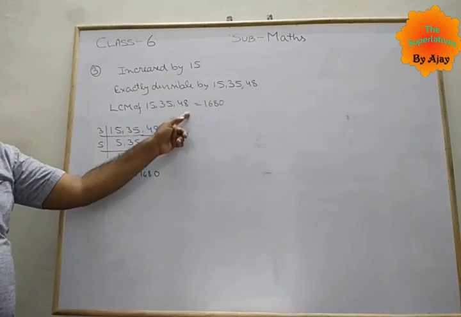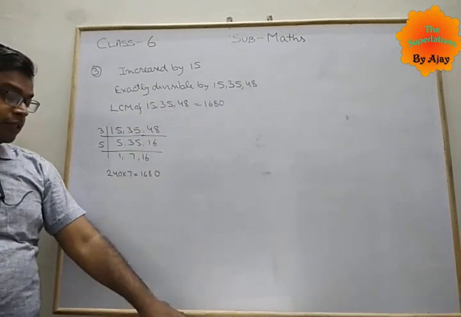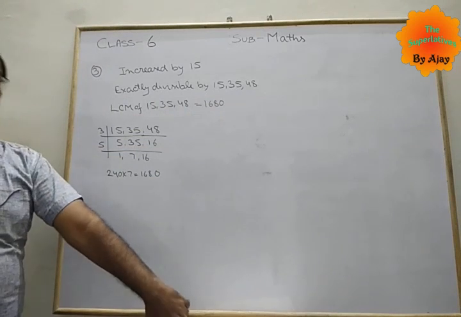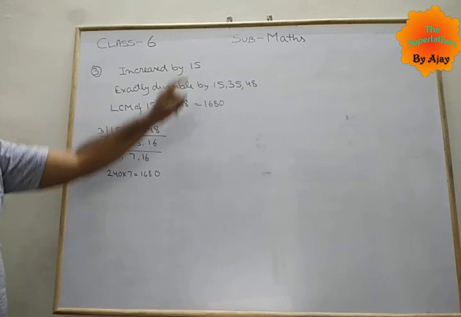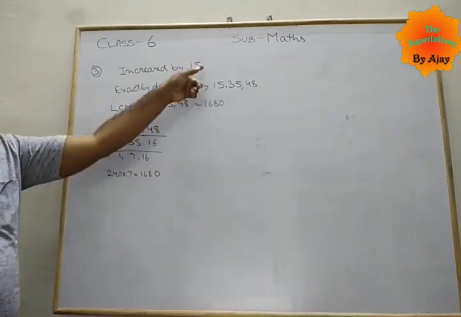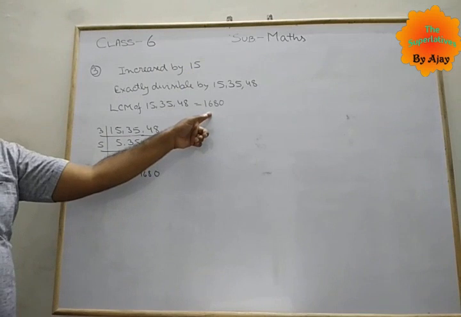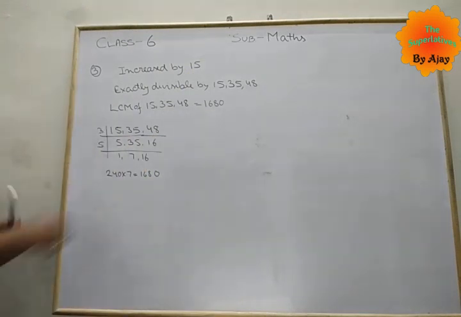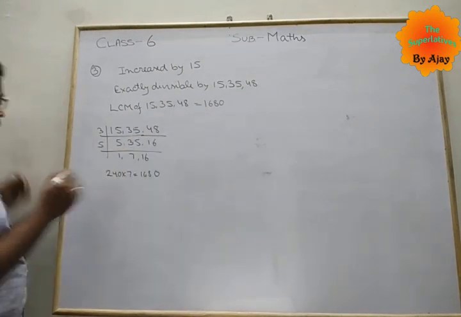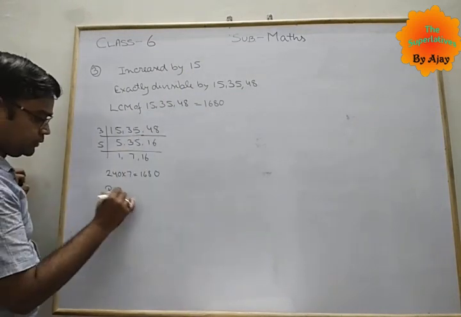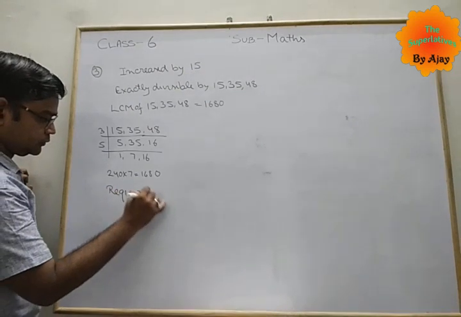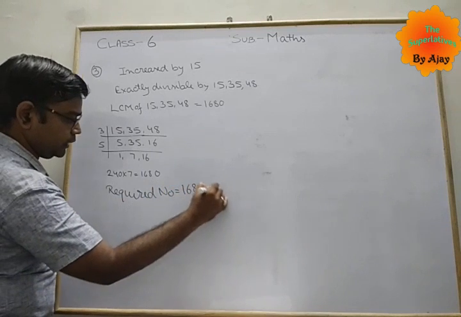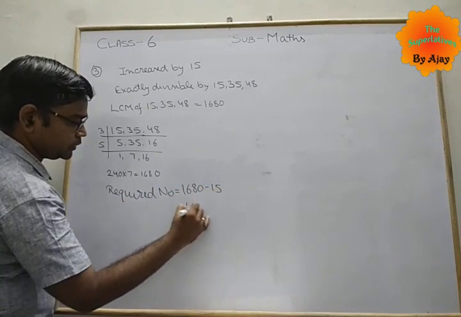Means we add 15 to obtain this number, so to obtain the asked number we must subtract 15. So the required number equals 1680 minus 15, which is 1665. This is your required number.